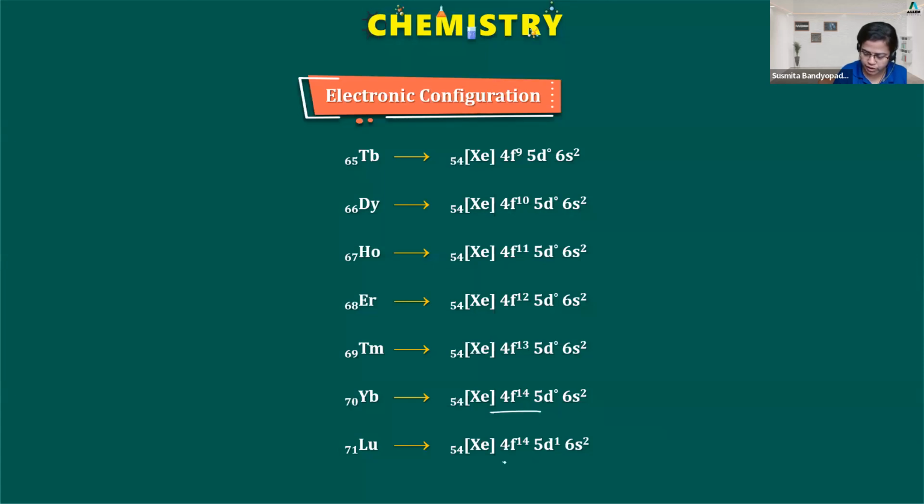Because 4F14 is a completely filled shell. No problem here, there's no doubt. After 4F14 is filled, it goes to 5D1, no exception, no problem, right? According to me. If you have any doubt, you can ask.